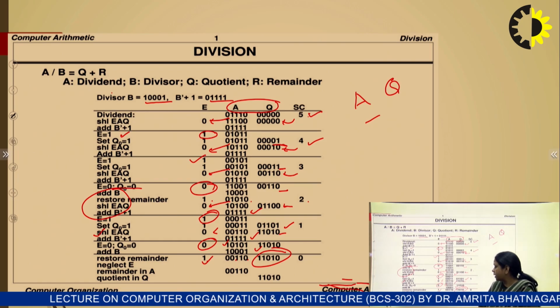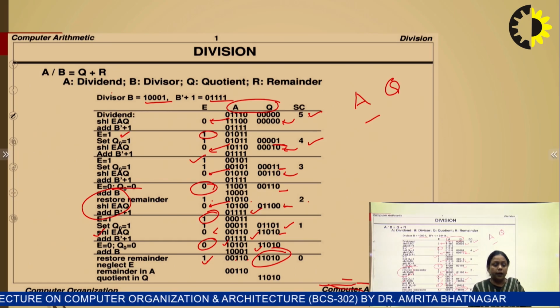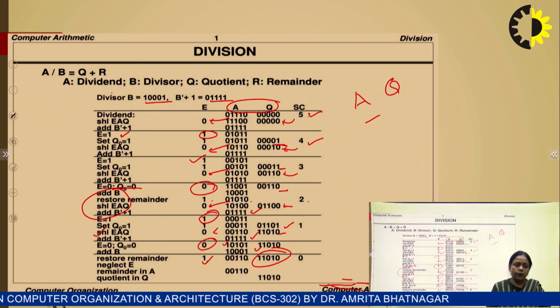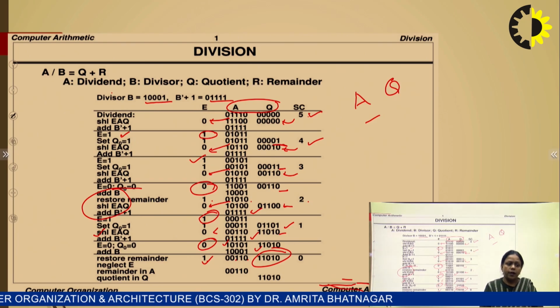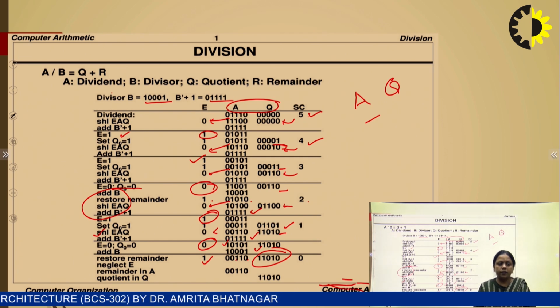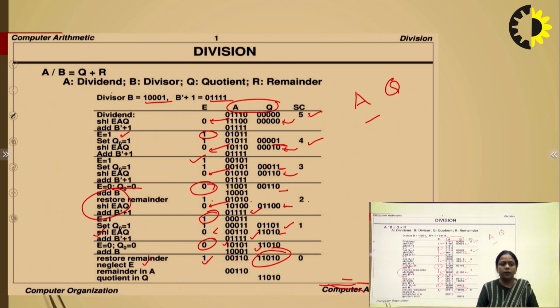So in this case we have quotient is equal to 1, 1, 0, 1, 0 and remainder is 0, 0, 1, 1, 0. E will be neglected. We will discard the value of E. So in this way we will apply the restoring algorithm to the sign magnitude numbers.